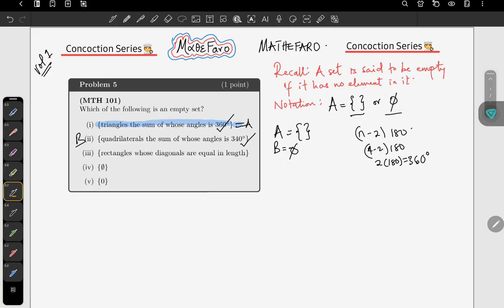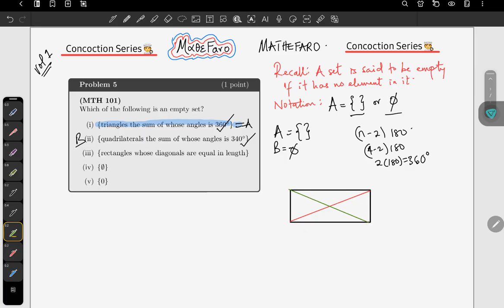The third one, rectangles whose diagonals are equal in length. This is asking whether we know the properties of rectangles. Generally for rectangles, the two diagonals are equal in length, so all rectangles belong to this third set. We remember that a rectangle looks like this, and these are the two diagonals, this one and this one.